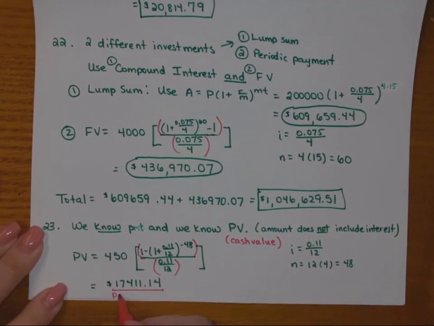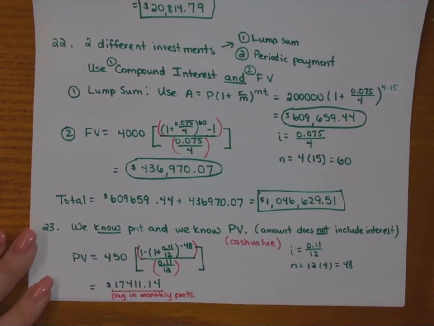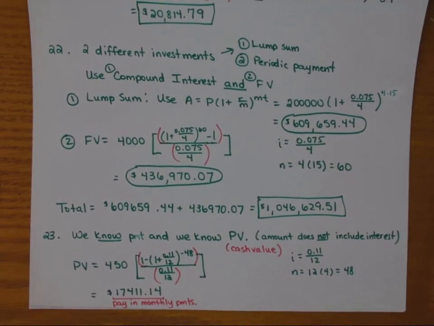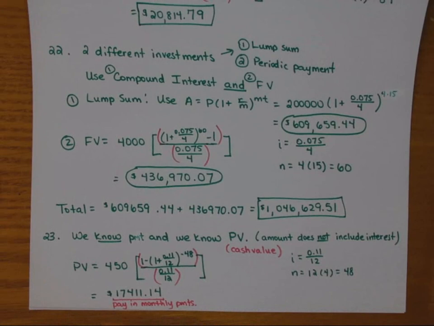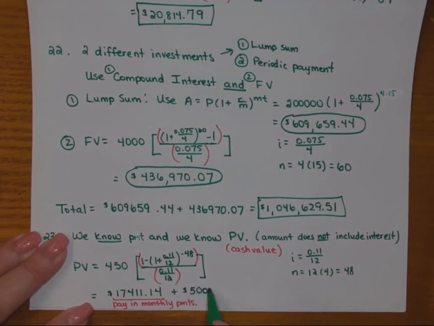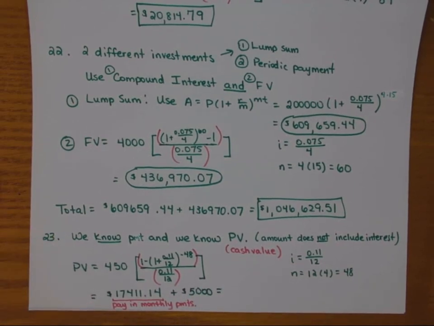Okay, this is what you'll actually pay. So I'm just going to say you'll pay this in monthly payments. But you have to use some common sense and realize that we also had a down payment, right? So we're trying to find out what the original price of the car was. So we actually have to add the down payment back to this. Because if you think about it, the down payment knocked the price of the car down a bit, right?